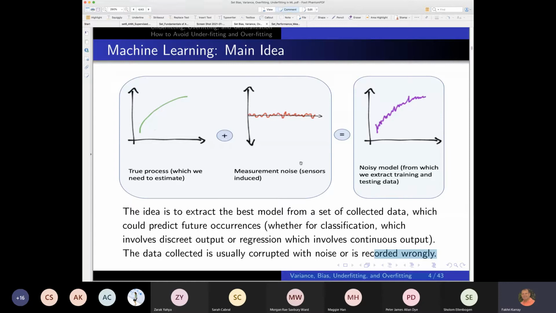These are the measurement noise, mostly when we are trying to extract data out of a particular process. And this is the actual process from which we are extracting the model. So this is what we are seeing in the real world. This is the perfect world. This is the perfect process. This is the noise due to measurement-induced noise, and this is the actual process.